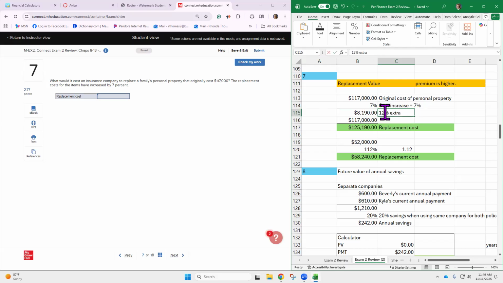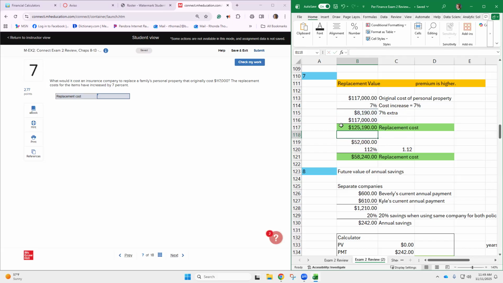and it doesn't really matter. So remember, there are two ways to solve for this. You can do it the long way or you can do it the short way. Doesn't matter. You're going to get the same answer. So I've got 117,000 times 7%. Here's the extra 7%. And if I go that route, then I have to add it to the original cost.